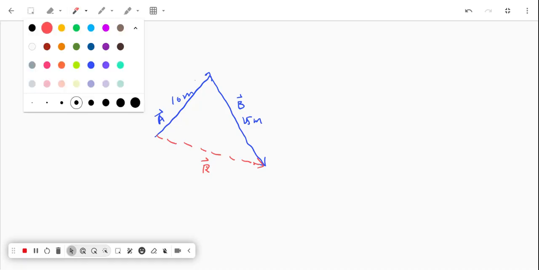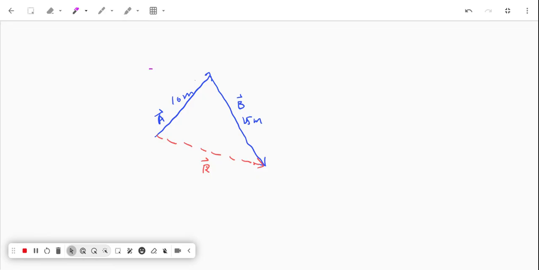Just go ahead, draw the rectangle around it. Make sure it's touching each side. It depends on the shape, depends on how long the vectors are. Usually it's a rectangle. A square is a special rectangle, okay?